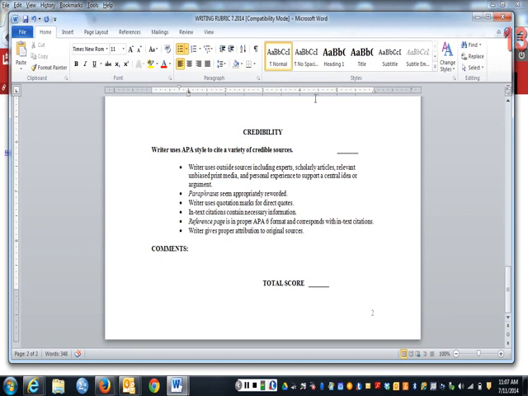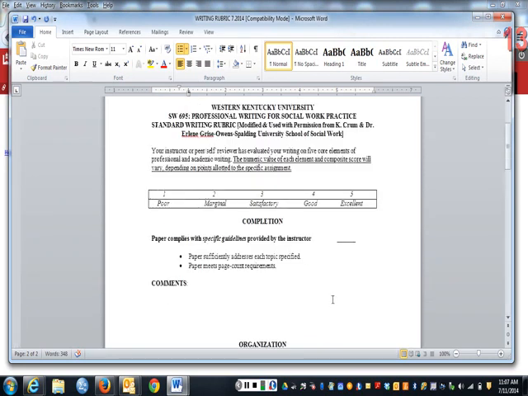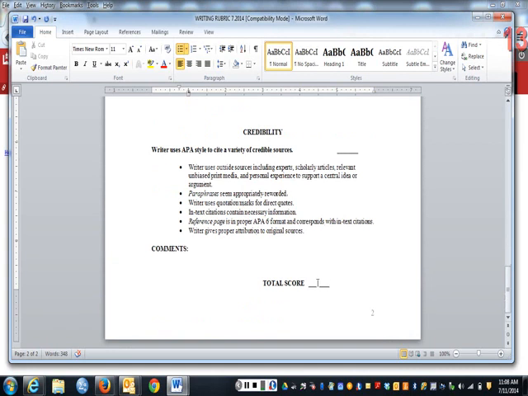And then the person would get a total score. Your letter, I will be using this rubric to show you how it works, and I will give you a score from 5 to 25, because you're going to get at least a 1 even if it's poor, correct? So it will be from 5 to 25, and I'll use this rubric to grade your letter so you'll see how it's used.